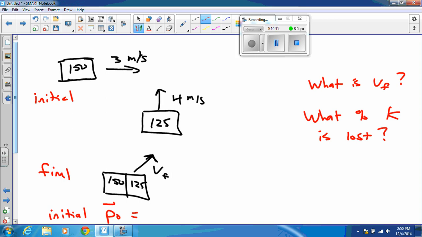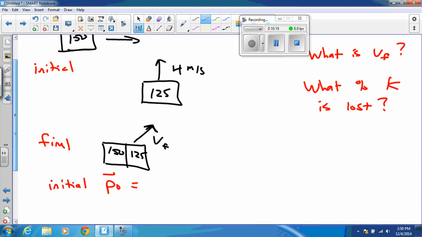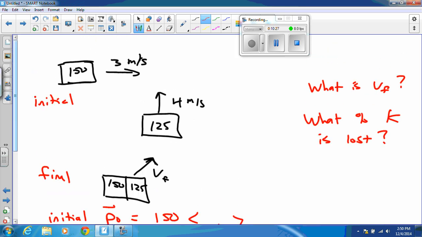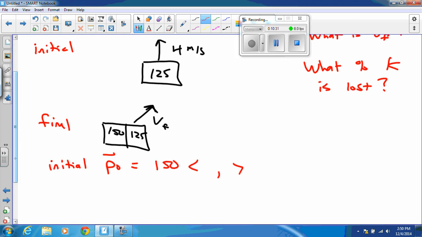You can do that, but since we're adding, we don't want them in polar form, we want them in rectangular form. What are the rectangular forms for these two velocities? No calculator needed. Read it straight off the diagram. 3, 0. 3 over and 0 up.